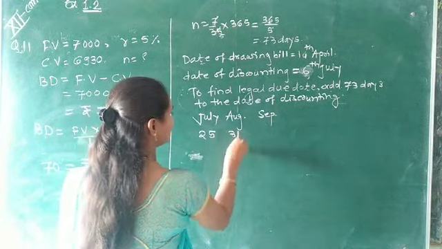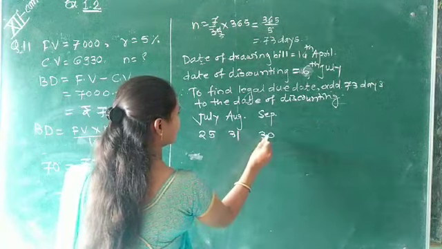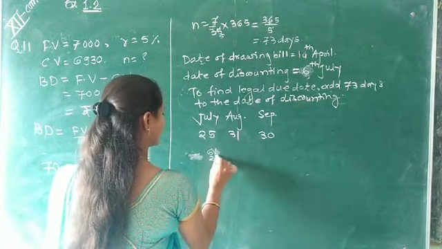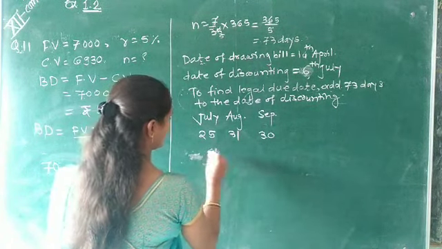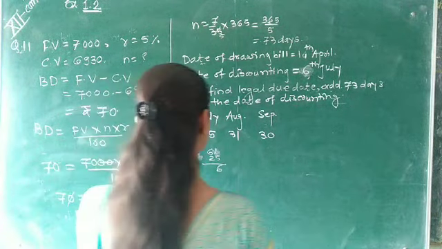Next August is of 31. September is of 30. Now count these days. 25 plus 31, 56.